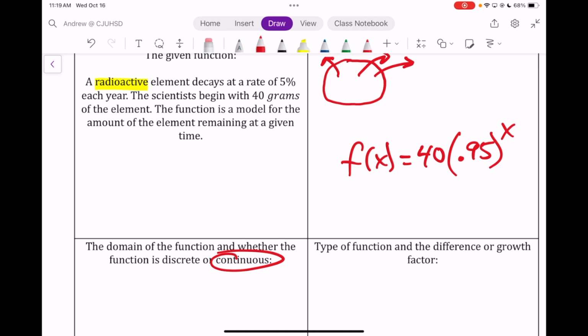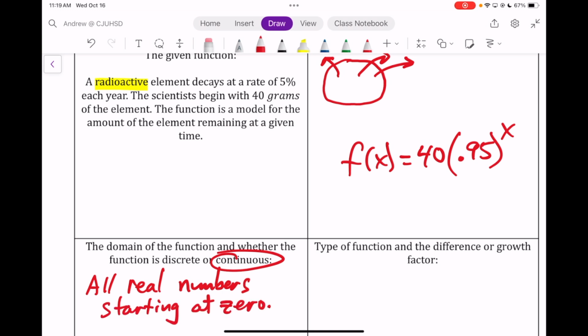So the domain is all real numbers, well, basically starting at 0. This is exponential, definitely. The growth factor is 0.95. So actually it's not growing, it's shrinking, it's getting smaller.